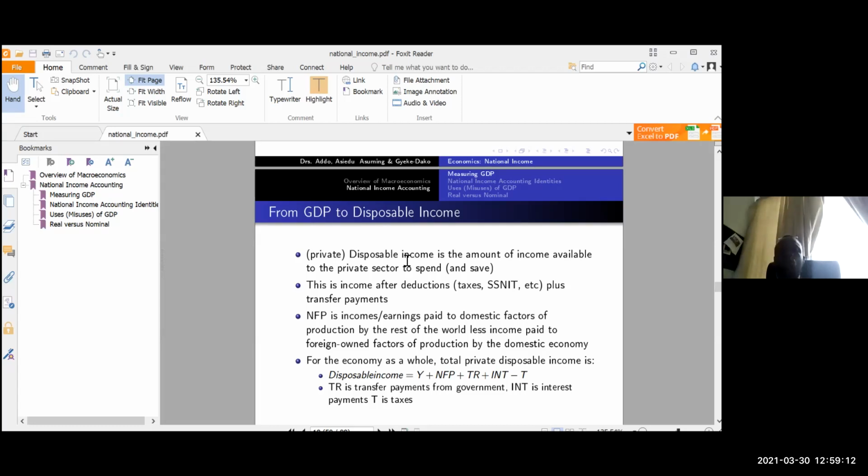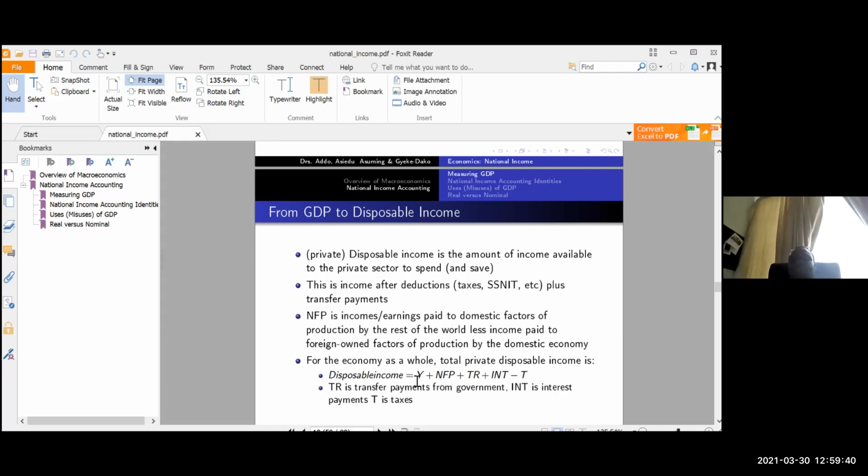So the level of private disposable income in the economy is given by the income people receive, the NFP that is received, the transfer payment people get, the investment interest that they receive. That will be the gross income minus taxes. Already, you can now begin to think broadly. If you live in an economy where your disposable income is high, right?